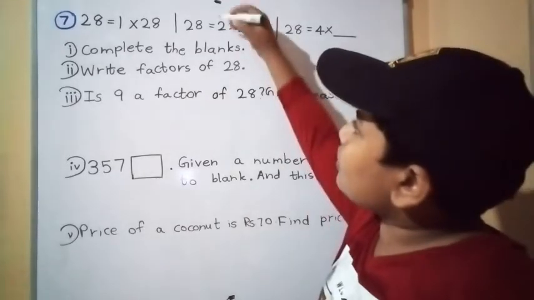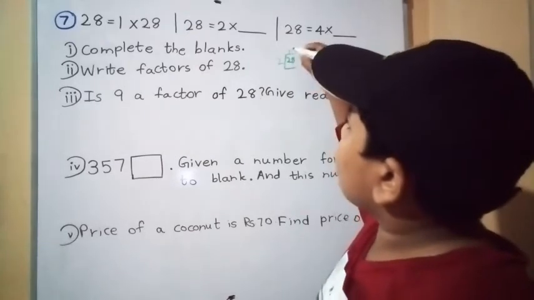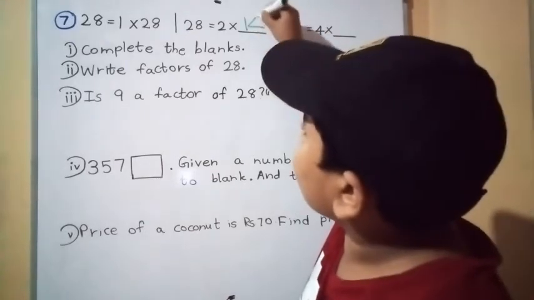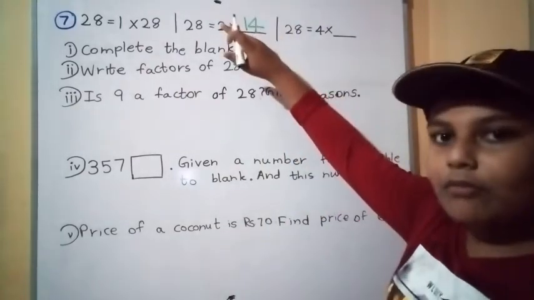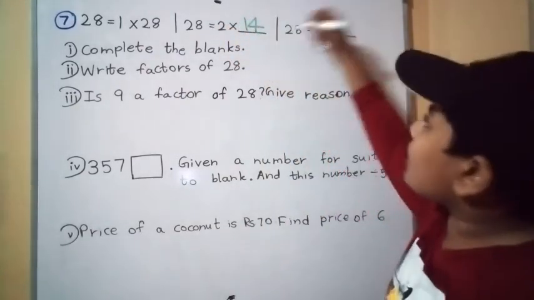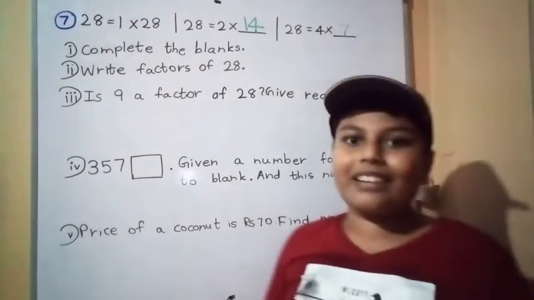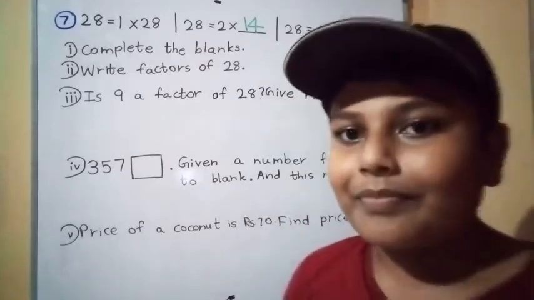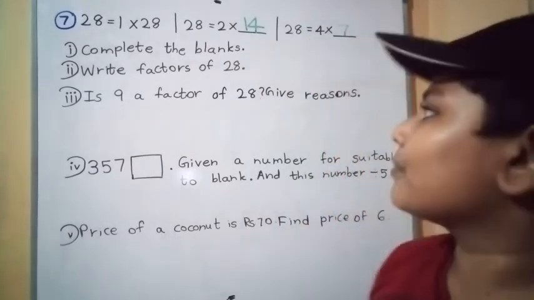Now you have 28, you want to divide 28 by 2. Now you have 14. Right? Now you divide this 28 by 4, now you have 7. So 4 multiply 7. Now 28 is 4 multiply 7.